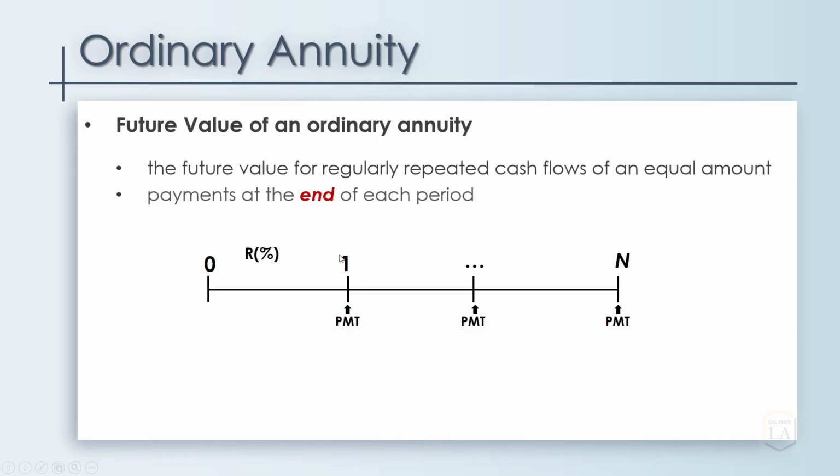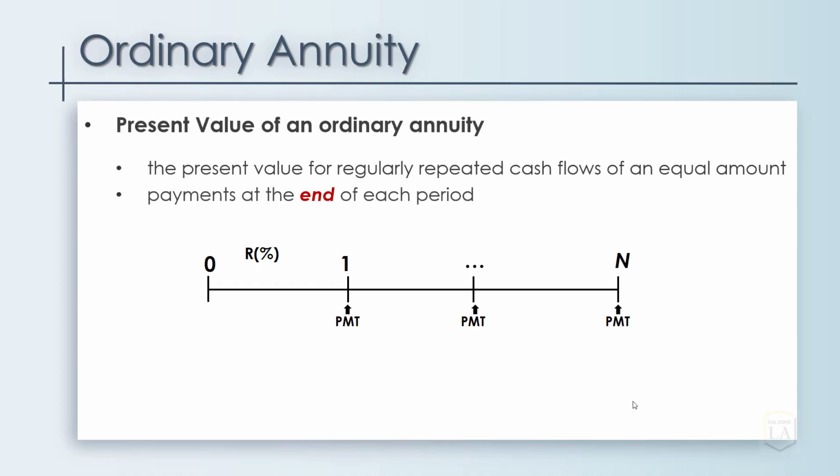For example, this tick mark would indicate the end of the first period, then the payments being made at the end of the second period, and so on until the end of this finite time schedule. If we wanted to figure out the future value of it, that would be the future value of an ordinary annuity.